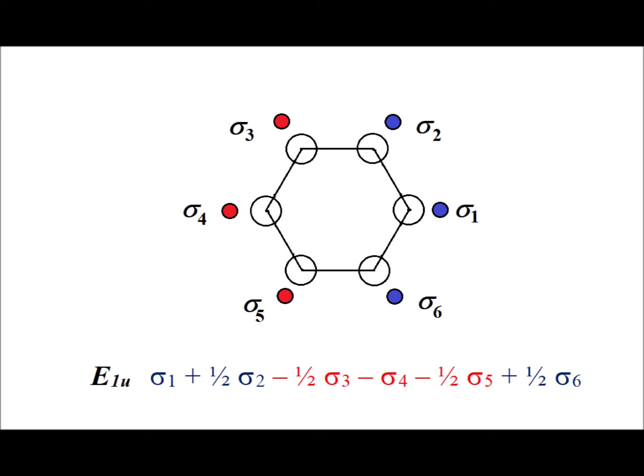So we have next a doubly degenerate E1U representation. It has exactly the same form as for the carbon atoms, but now it just involves the hydrogens, because their energy isn't close enough to the carbon 1s's for them to mix. So they make their own combination.